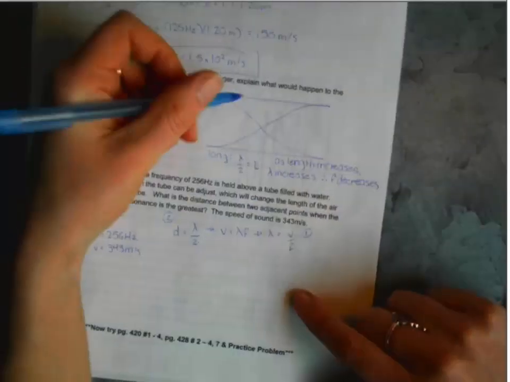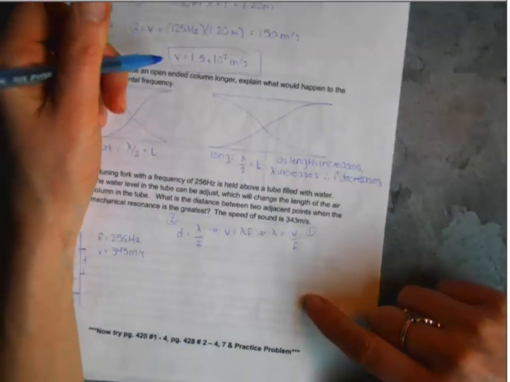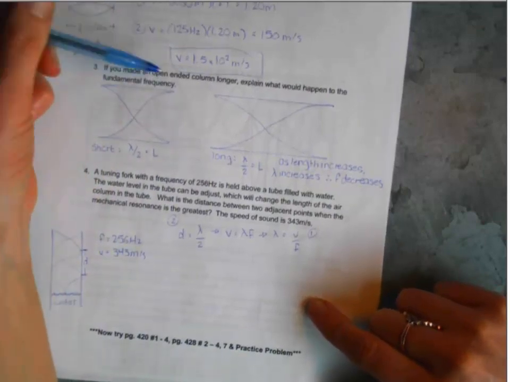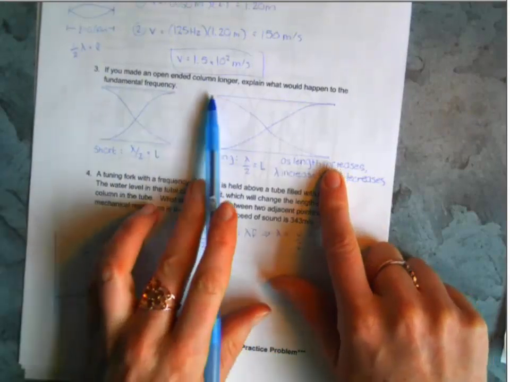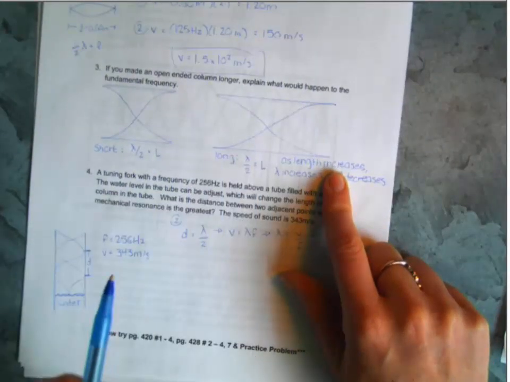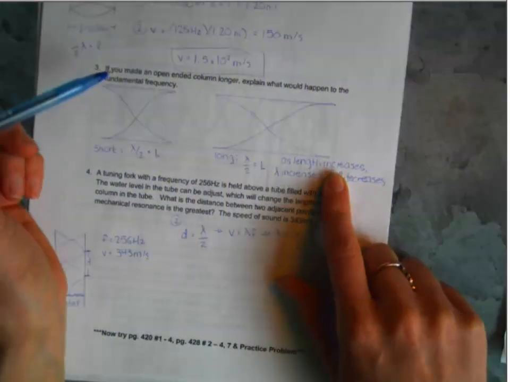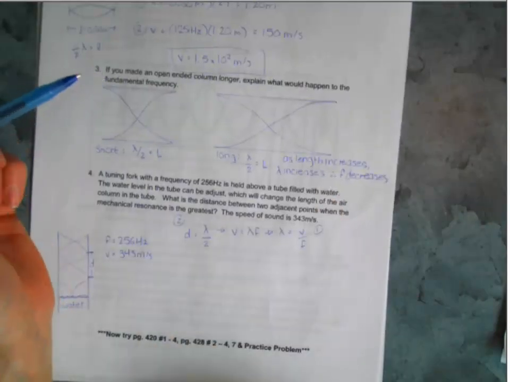Okay, so the important thing here is to be aware that if you lengthen out your tube, the shape of the wave inside of there is still going to be the same. It's just going to be the wavelength and the frequency that will change.